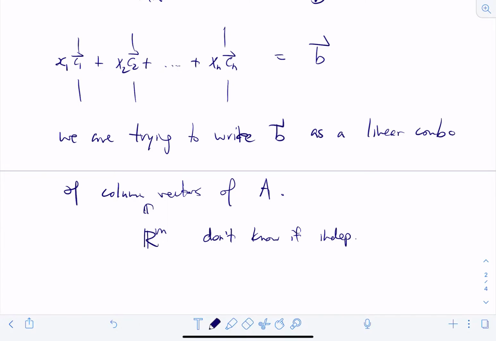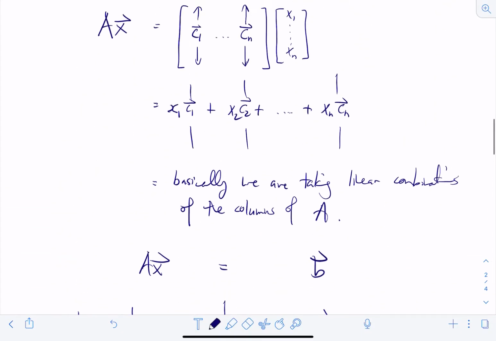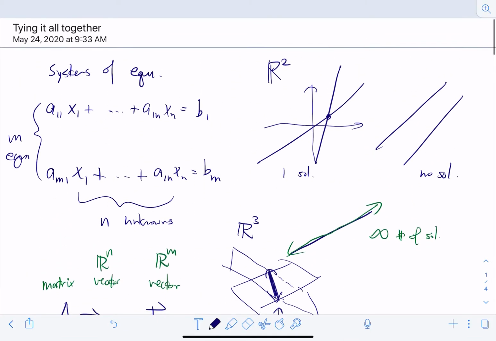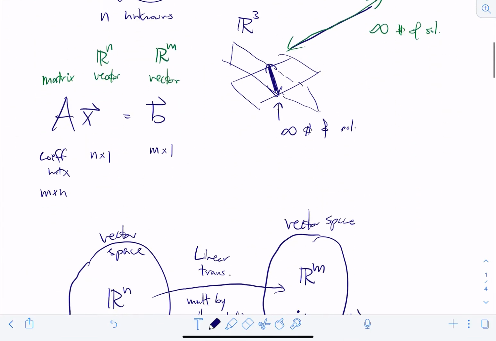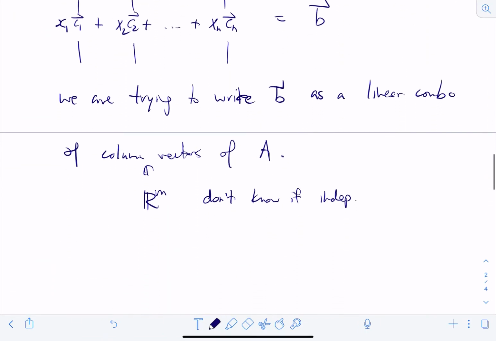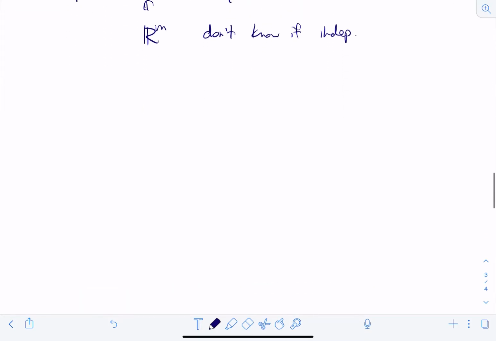So this is great for us, right? This tries to tie in the idea of solving linear systems with linear transformations.